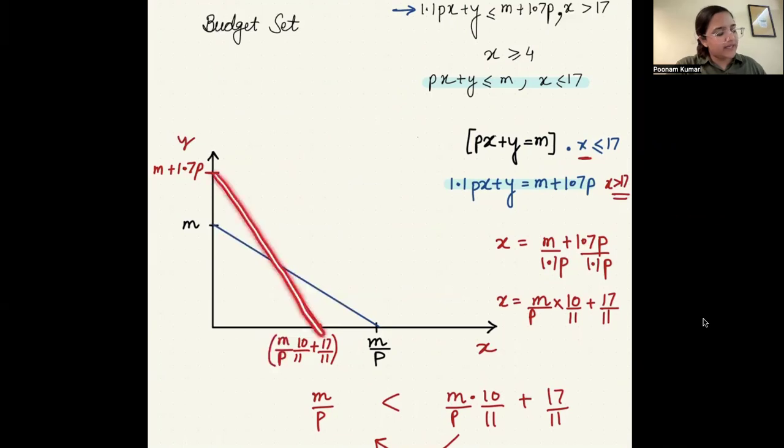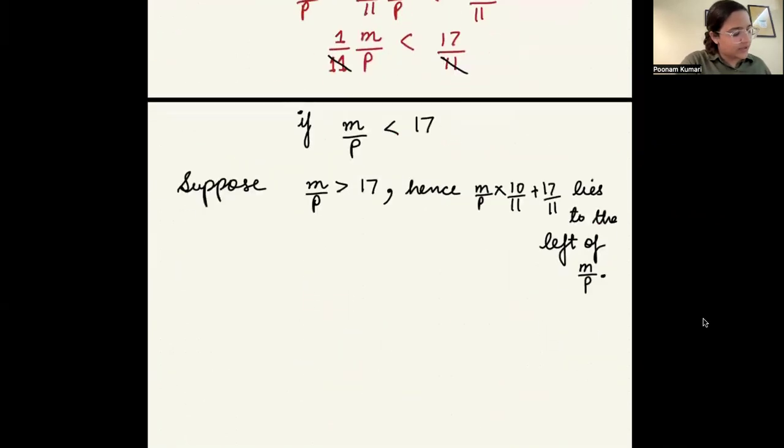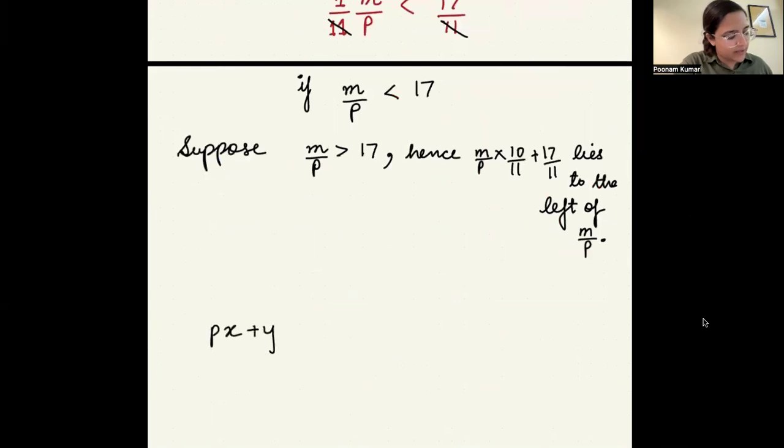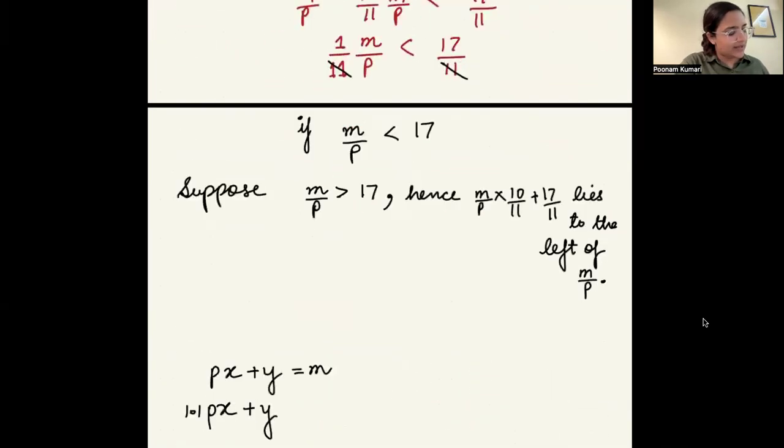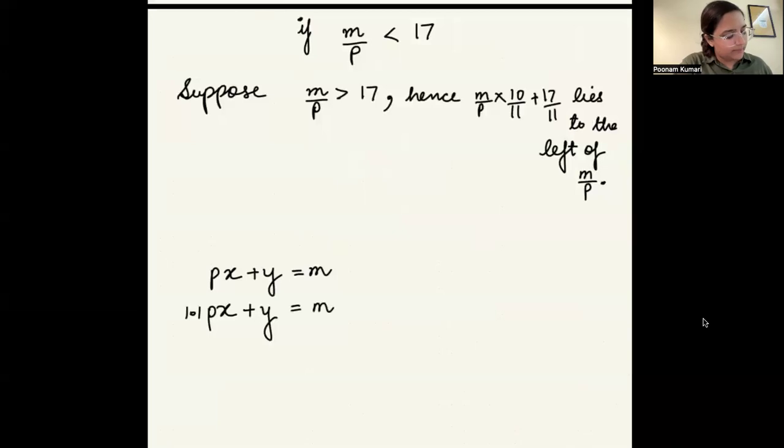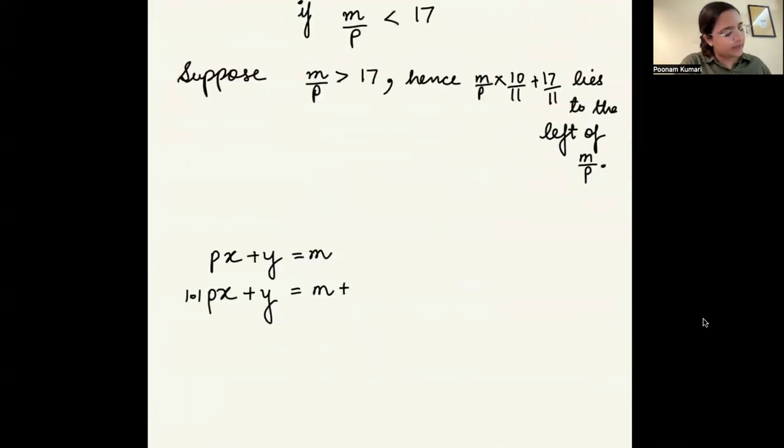How do I find the intersection point of two lines? By equating them. I have to find this intersection point. One of the equations is px plus y is equal to m. The other equation is 1.1 px plus y is equal to m plus 1.7 p.